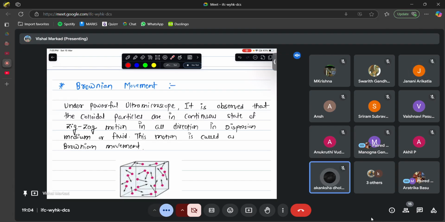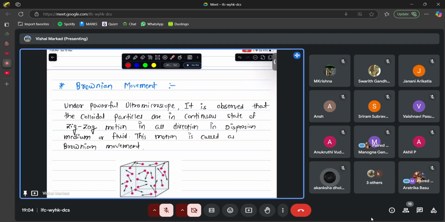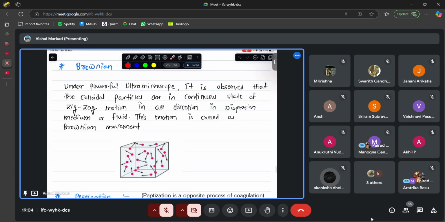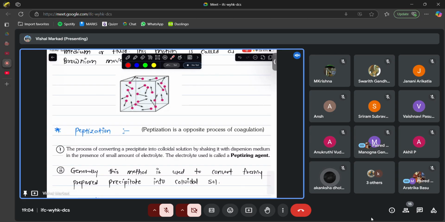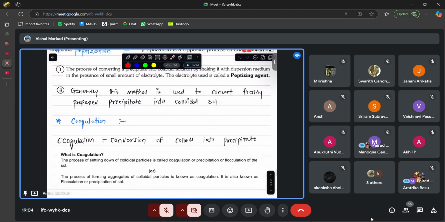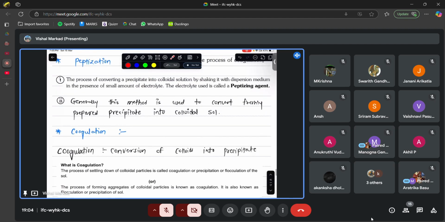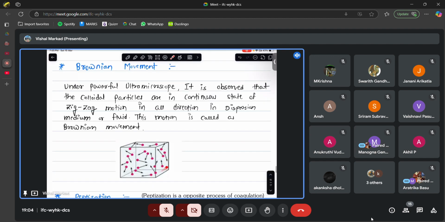Are you understanding this? Okay, continuous movement. Now, what is peptidization? Peptidization is the process of converting precipitate into colloidal solution. Now look at it. First we'll study colloids and precipitate. Continuous movement is the example of colloids, right?